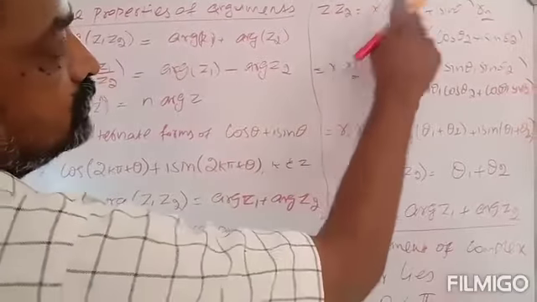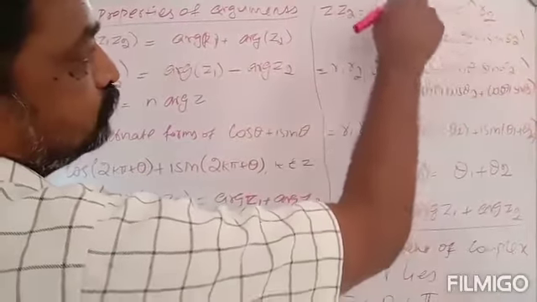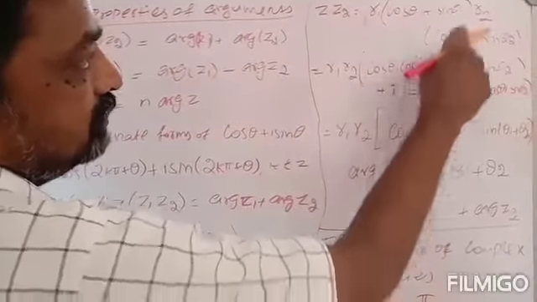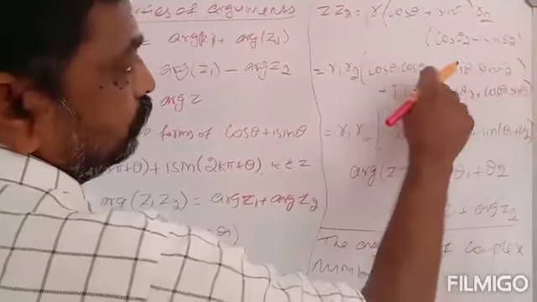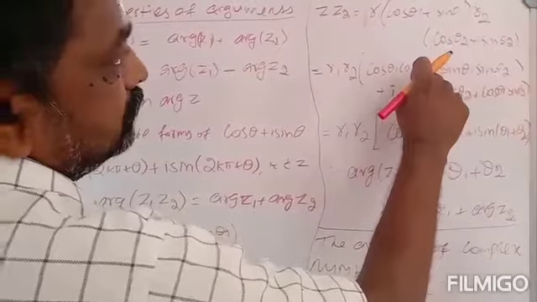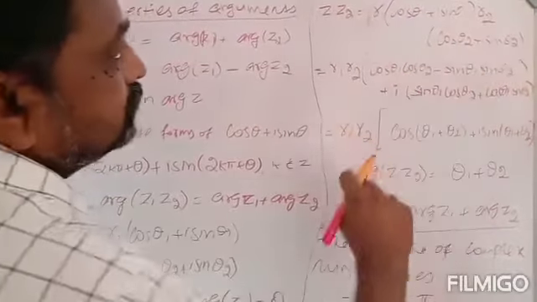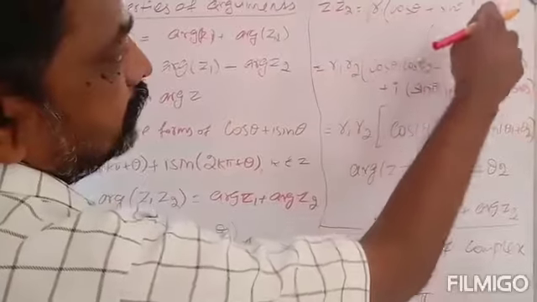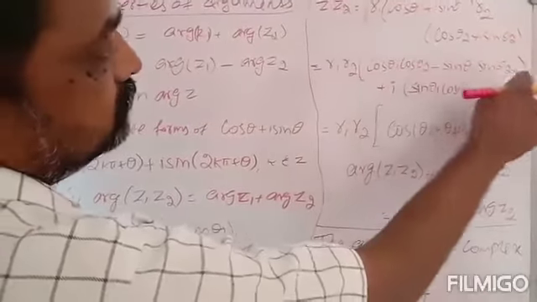Fourth one: the alternate form of cos theta plus i sin theta is cos of 2k pi plus theta plus i sin of 2k pi plus theta, because the argument of theta is not unique, where k belongs to Z.